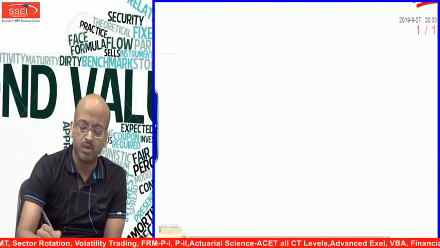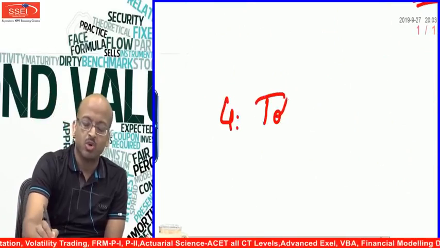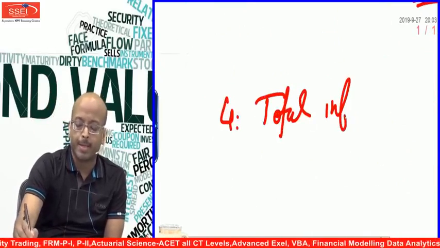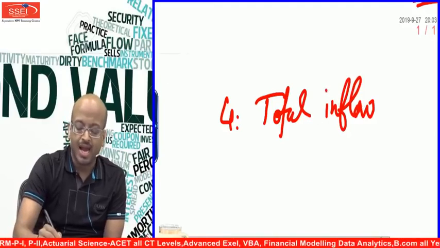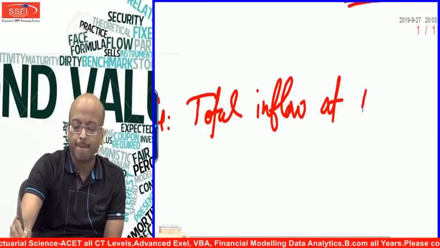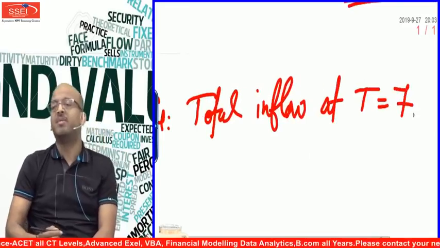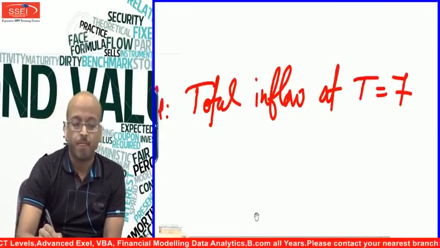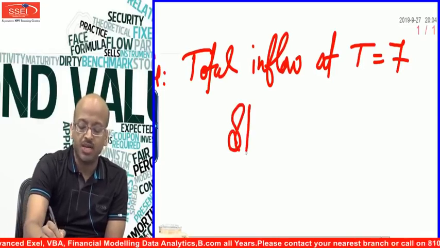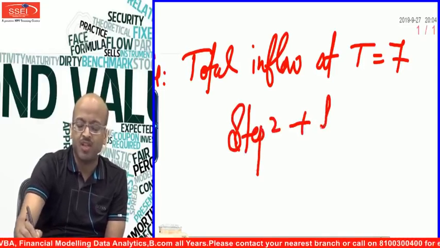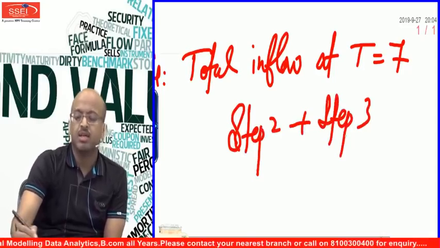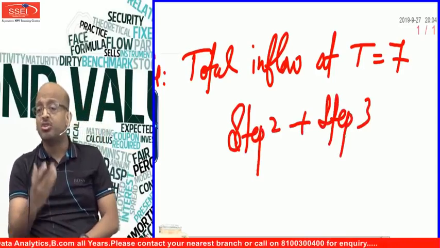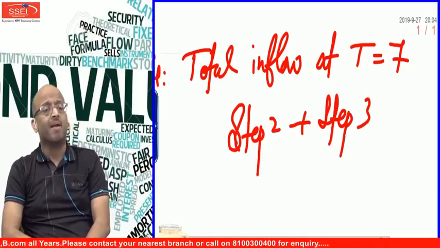Step 4. Total inflow at t equal to 7, that means at the end of the 7th year, equal to step 2 plus step 3. Correct? If you're not clear with it, you should look at your diagram again, the number line.